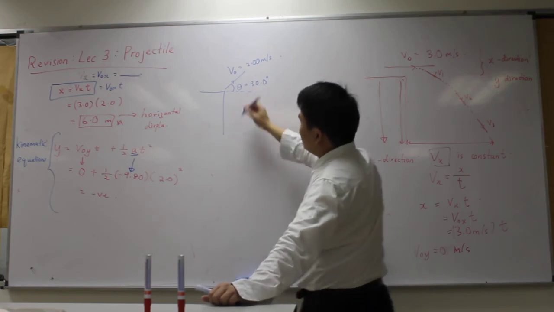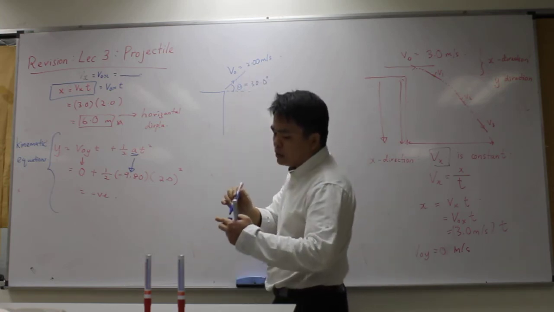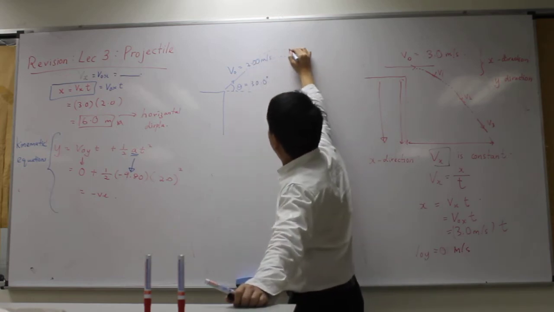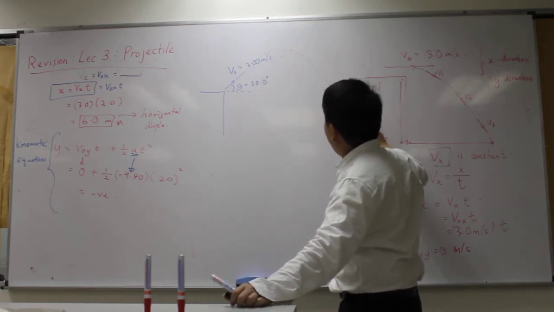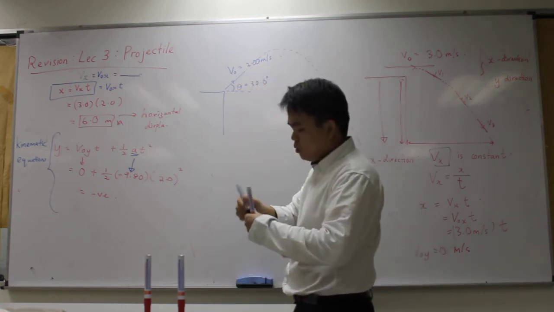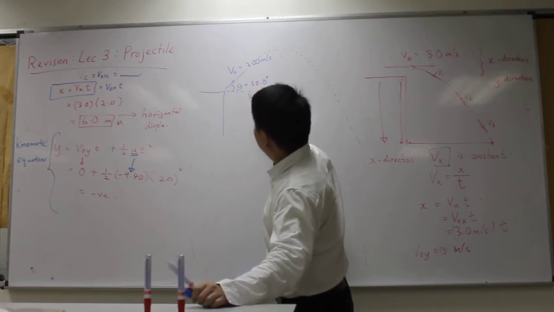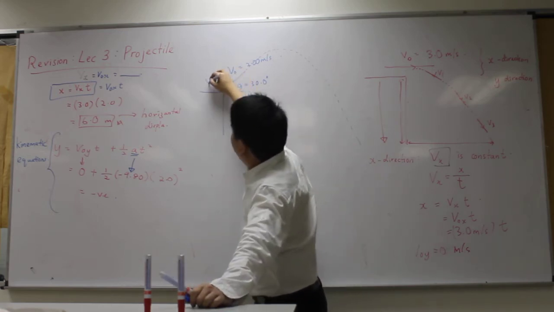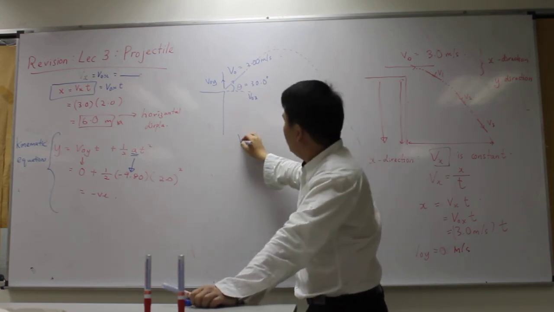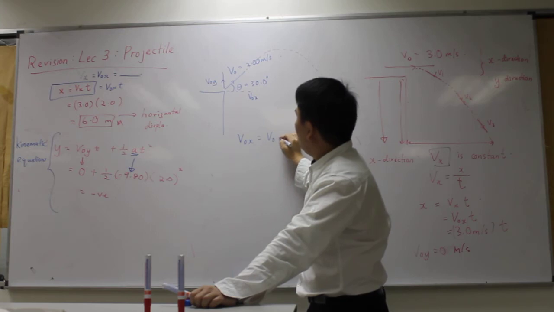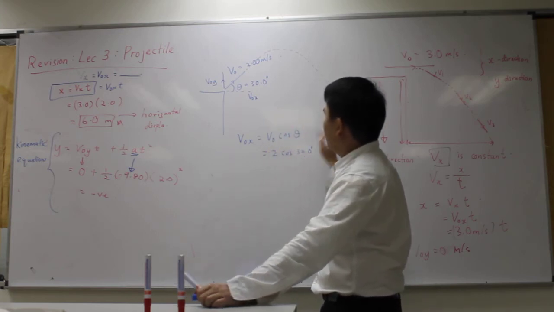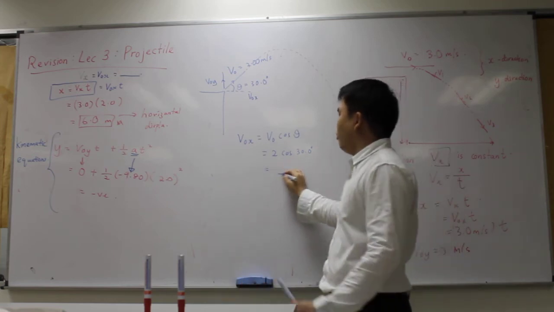For this case, as I said, you can always split V naught into x and y components, and logically you know the path is something like this. So at this moment, we split into V naught x here and V naught y here. For the V naught x, V naught x is V naught cos theta, which is actually 2 cos 30 degrees. This is something you have done before this, and what else?